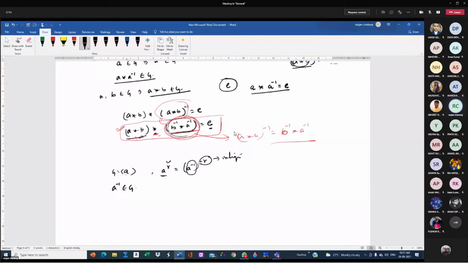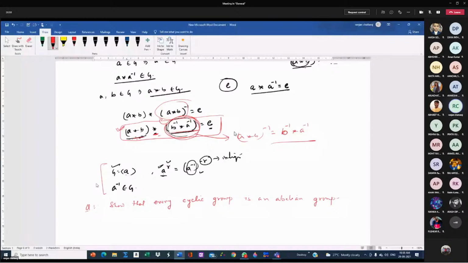For this question, the generator part, if we somehow prove that A equals A inverse... Suppose I'm giving you a question: in a cyclic group, A equals A inverse.